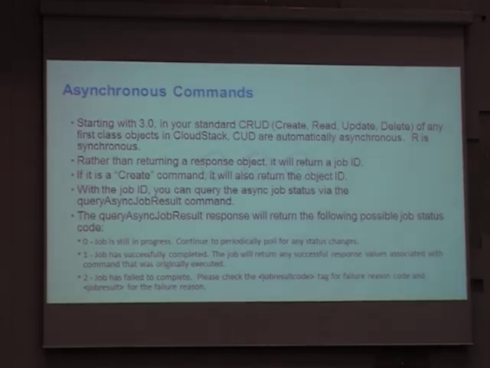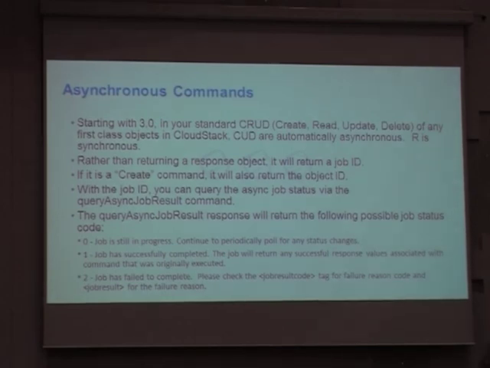So quickly, about what the asynchronous command does. Instead of getting a JSON or XML response of the command you executed, you will get a job ID when you execute any asynchronous command. It will be put into a job queue inside the CloudStack management server, and then a pool of threads will pick up these jobs and execute them in the background.